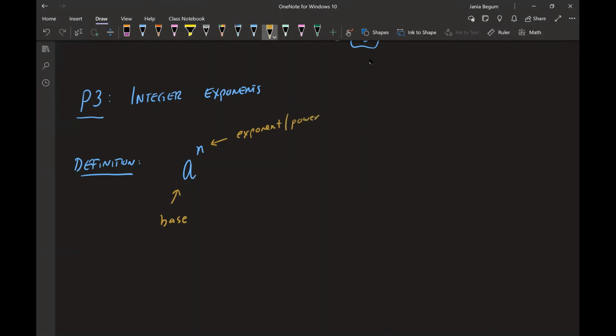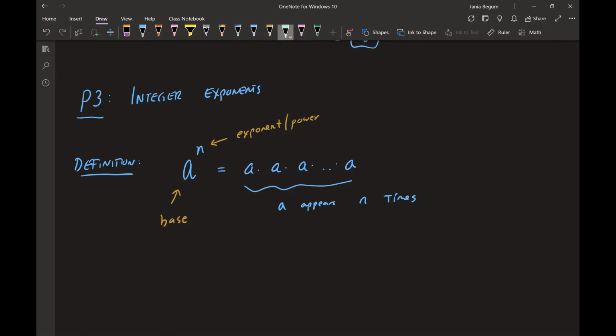So what this really means is you have A repeated n times. So A is going to appear n times. That's the idea of an exponent. So really you have A times A times A, all the way up to n times. So A appears n times. That's the basic idea of what an exponent is.